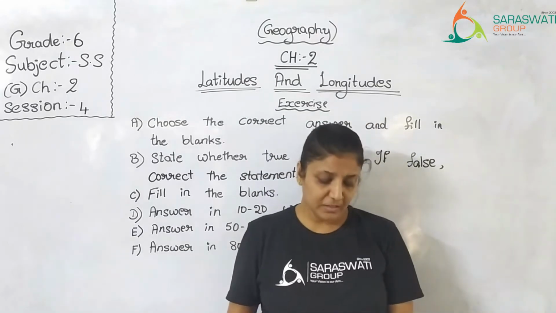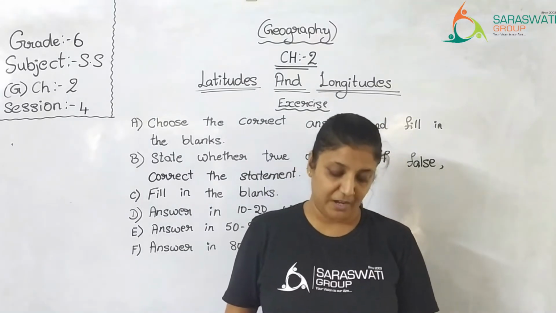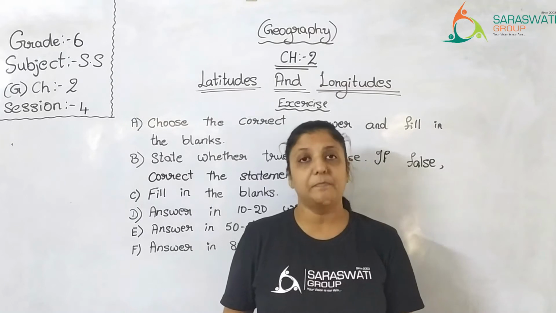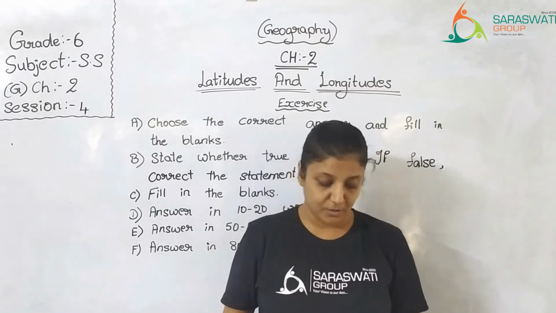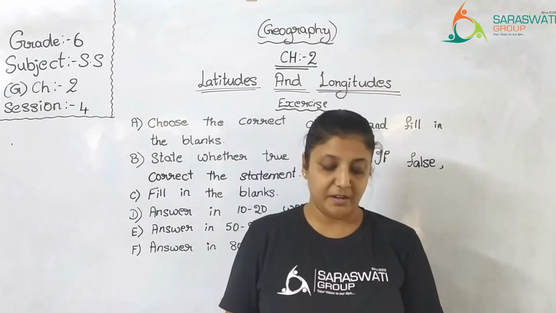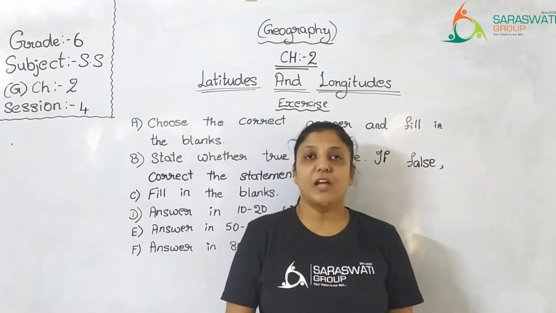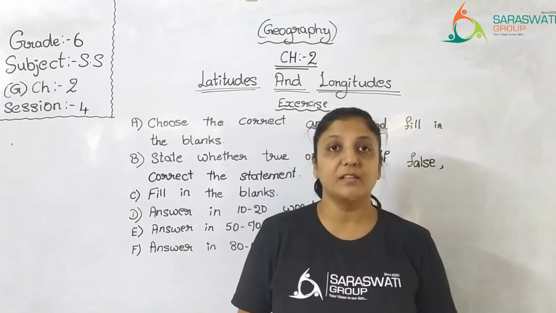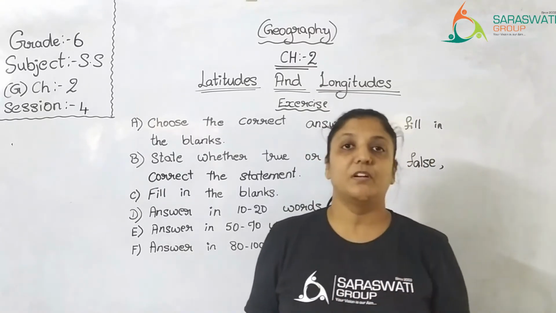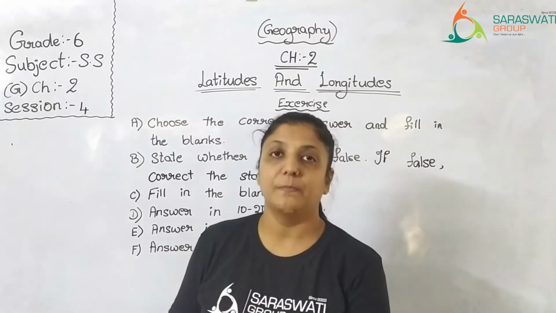Okay. The central meridian of every country is called the standard meridian and its local time is the standard time for the country, right? So we have learned regarding all these things in our chapter number 2 in geography.